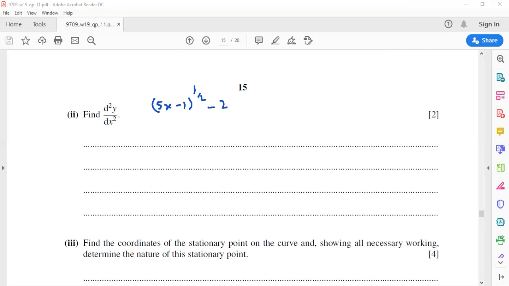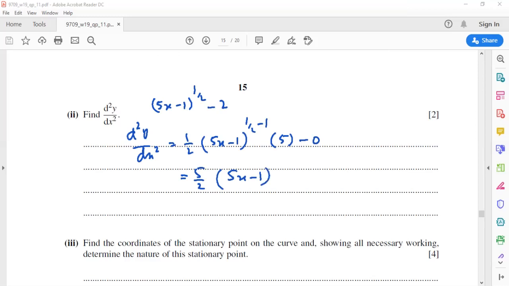So let's take its derivative once again. d2y over dx square: half comes back, (5x minus 1) power half minus 1 into the derivative of this, which is going to be 5 and minus 0. So it's going to be 5 over 2, (5x minus 1) power minus half. Or at the most, we can write it as 5 over 2 square root of 5x minus 1.